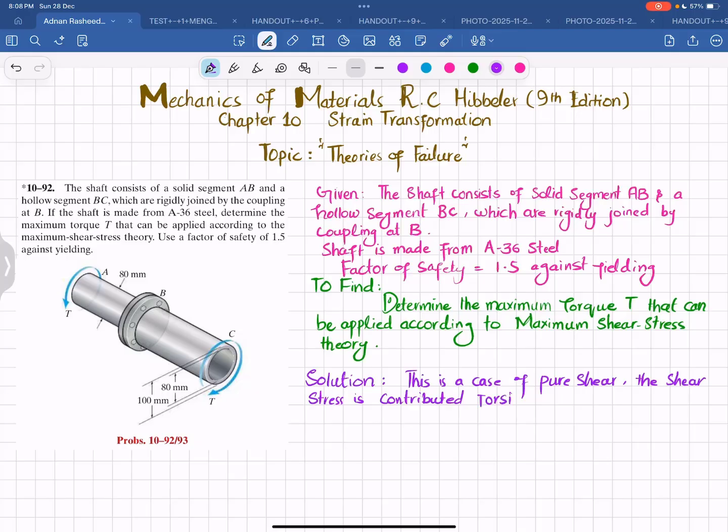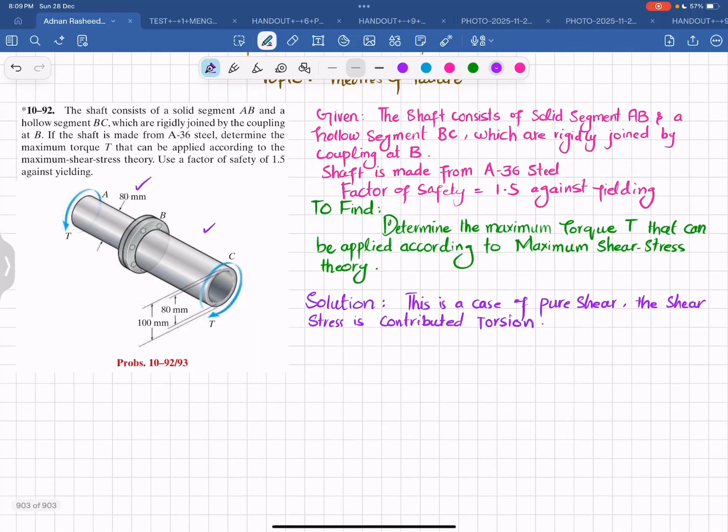As we have two segments, shaft AB is the solid segment and shaft BC is the hollow segment. So we can write that maximum shear stress in hollow segment will be equal to T into C of hollow segment divided by J of hollow segment, and maximum shear stress that will be generated in solid shaft will be equal to T into C of solid divided by J, where C is radius and J is the polar moment of inertia.